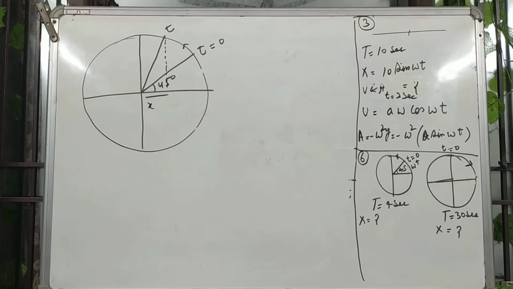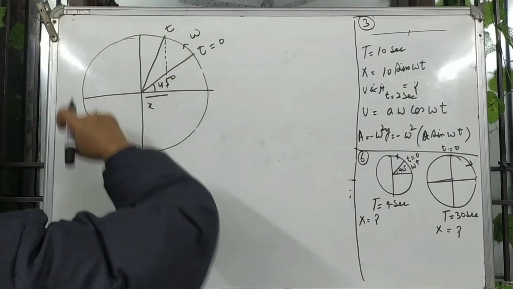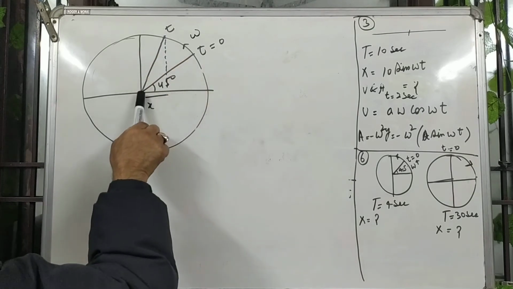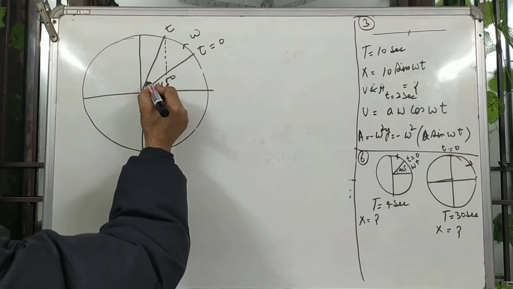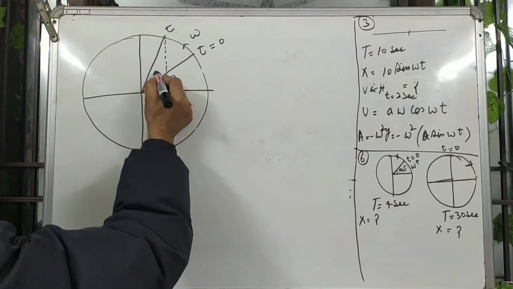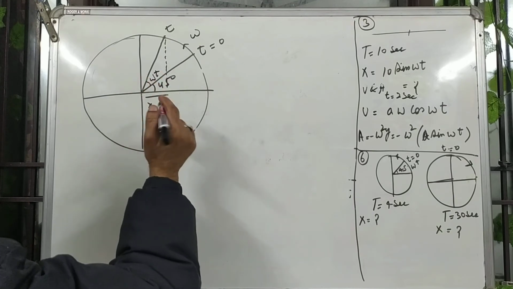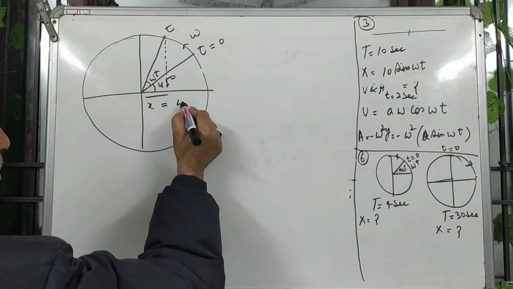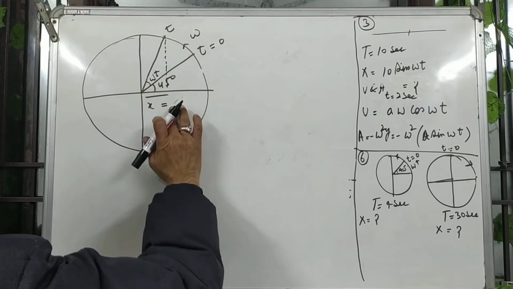The particle is tracing a circle, moving with angular velocity omega anti-clockwise. So this angle is omega t. In this, you may write x equal to amplitude times a trigonometrical function.